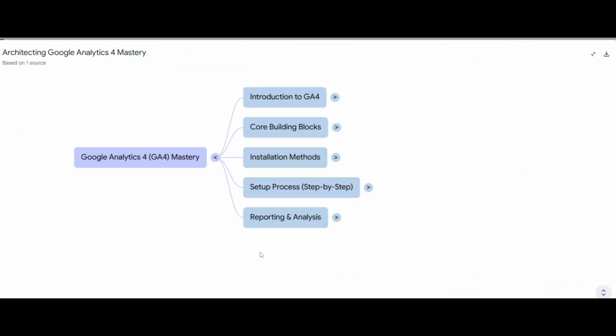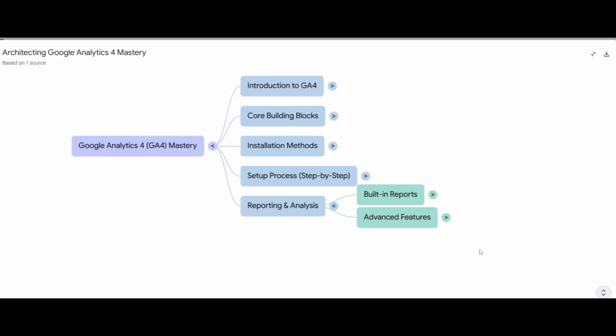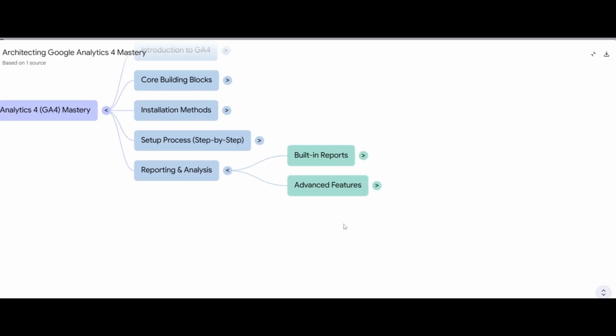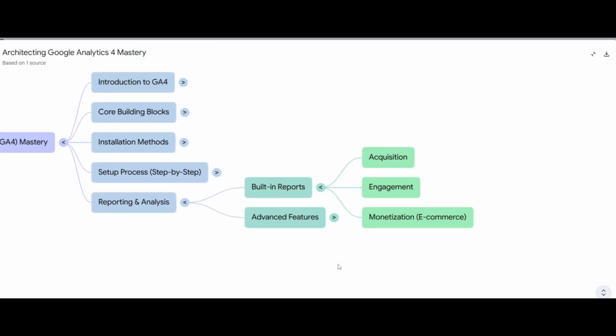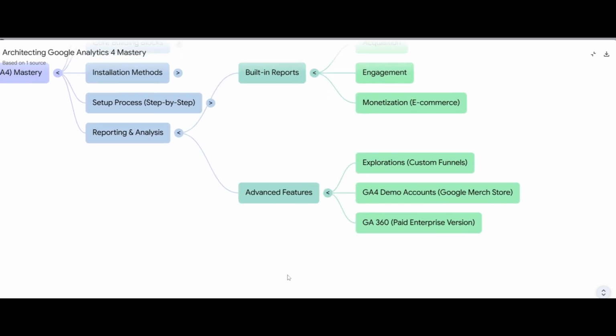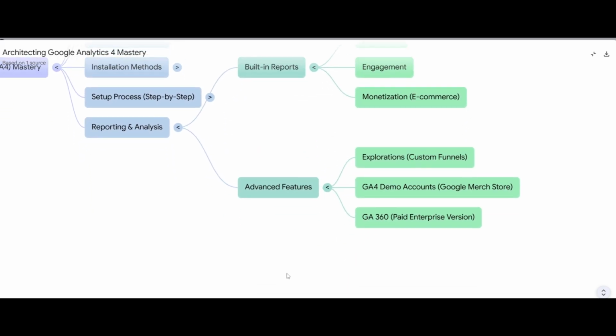And lastly, we cover reporting and analysis. I think every data needs analysis, and the second part is reporting, like dashboards, built-in reports, and acquisition, engagement, and monetization, and advanced features, and exploration, custom funnel.